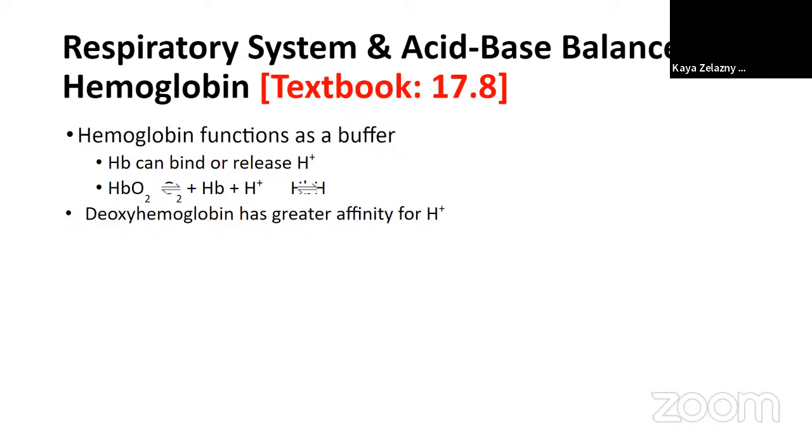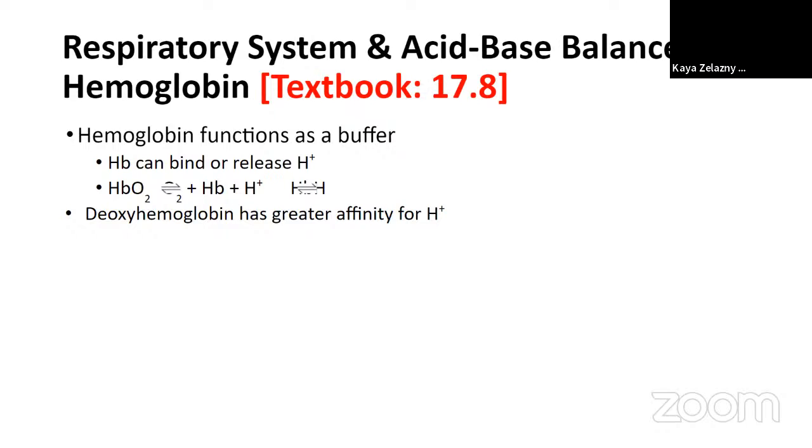So when we bind hydrogen ions together, this is a reversible reaction. We can release them. Sorry, this equation looks so bad on the screen. I'll fix that. But basically, our hemoglobin can stabilize our pH through its buffering actions.